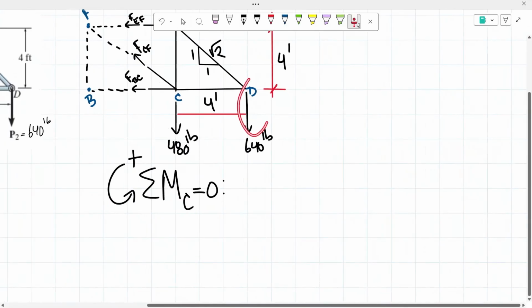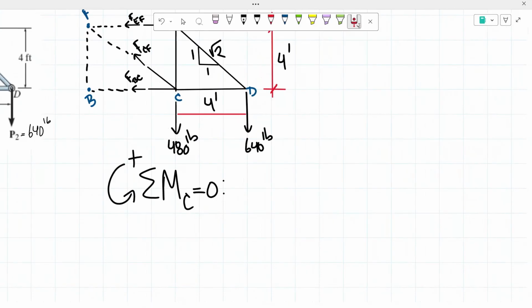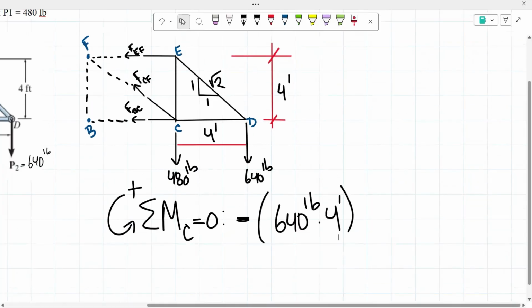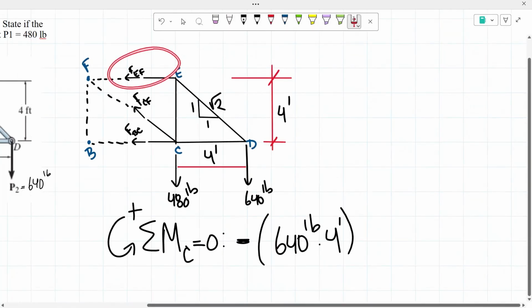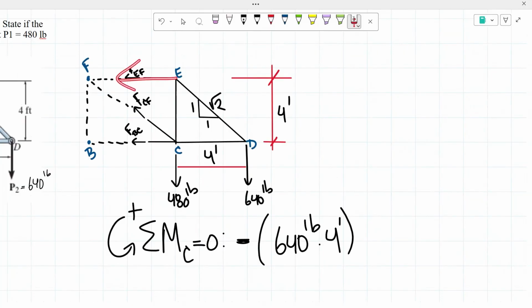So here at point D, we have 640 pounds. We know that this is going to be creating that clockwise moment, meaning a negative moment, with a force of 640 pounds times the distance of 4 feet, because from here to here is 4 feet. From there, we would have our force of our bar EF. We assume that it's going to be in tension, so in this case, it is going to the left.